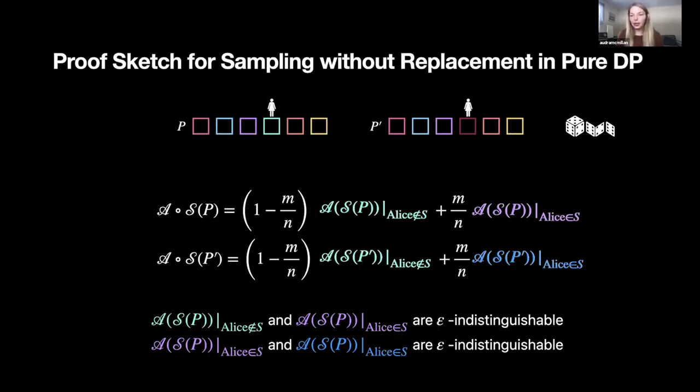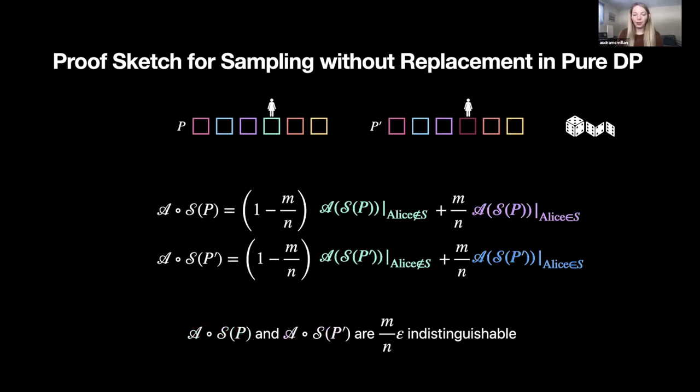So that is, again, just a change of one person's data. So the fact that A is epsilon DP implies that those two distributions are epsilon indistinguishable, which implies that these two conditional distributions are epsilon indistinguishable. Okay, so now we're in the exact situation of the lemma we just had. So we can say that these mixtures are m over n epsilon indistinguishable.